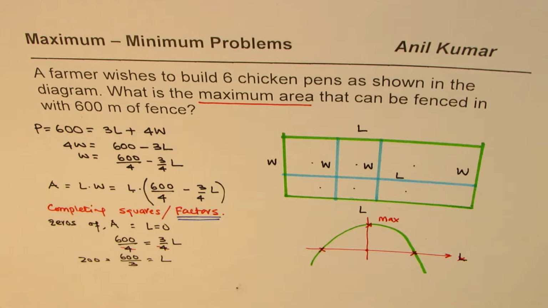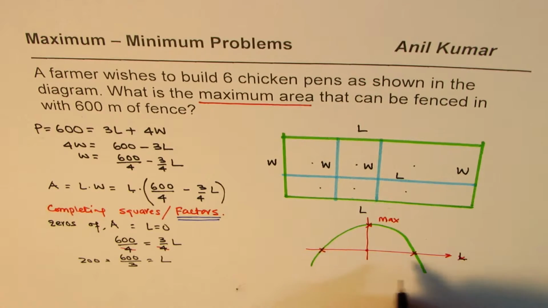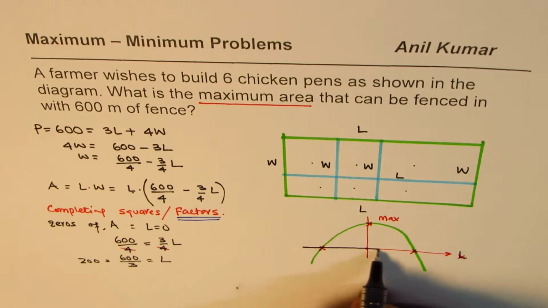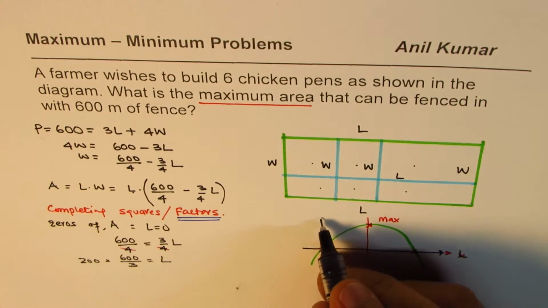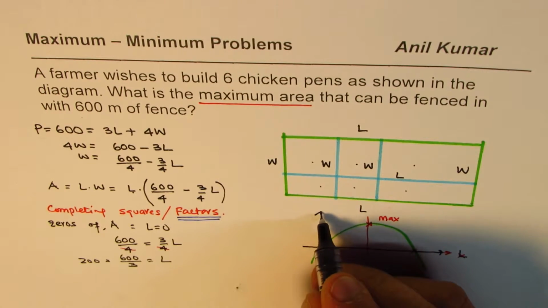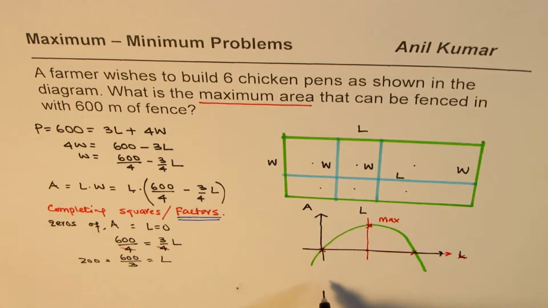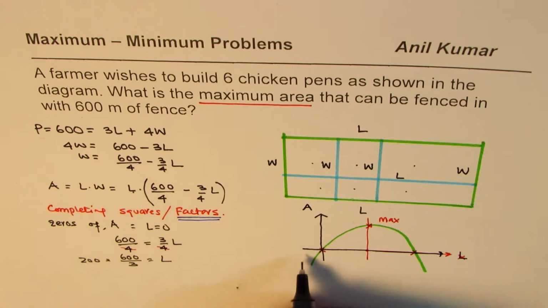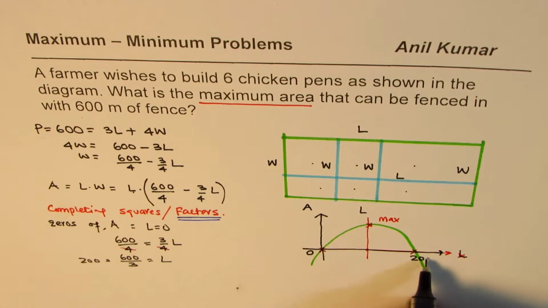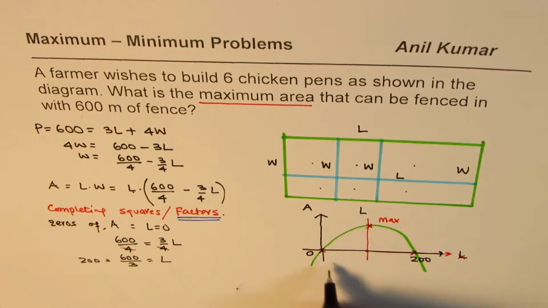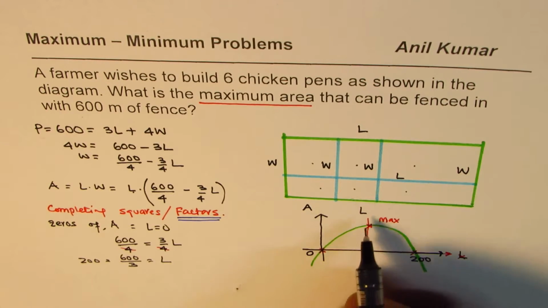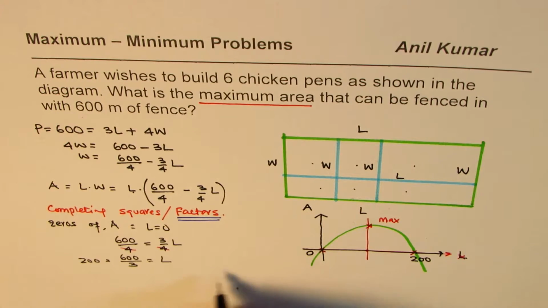So basically what you see here is that the diagram actually results into something like this. That becomes the length and that becomes the area, right? So this is area in terms of length. So we get one x-intercept at 0, the other one is at 200. Is it okay? So where is the maximum? Midway between them. Do you get an idea, right? So we call this the axis of symmetry.